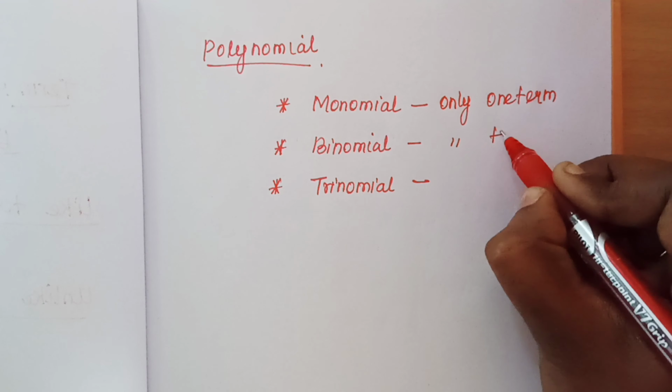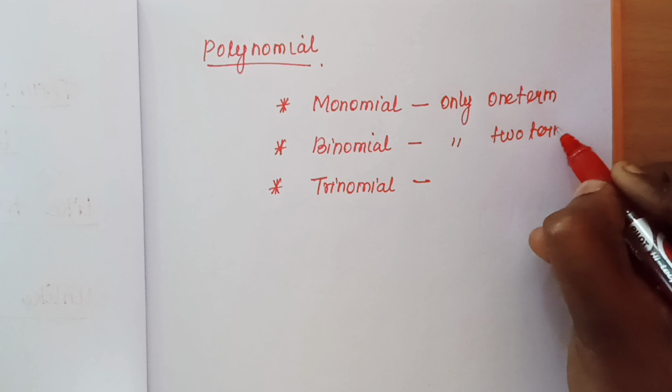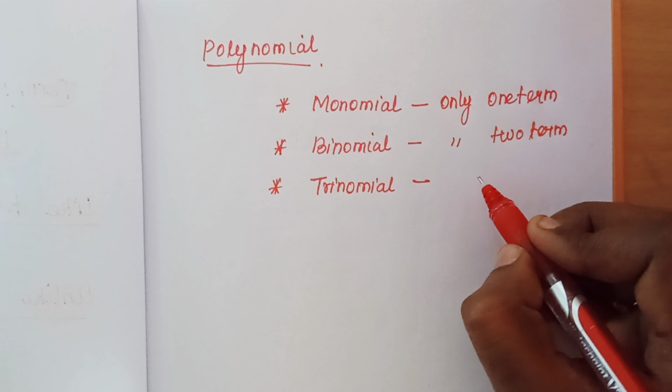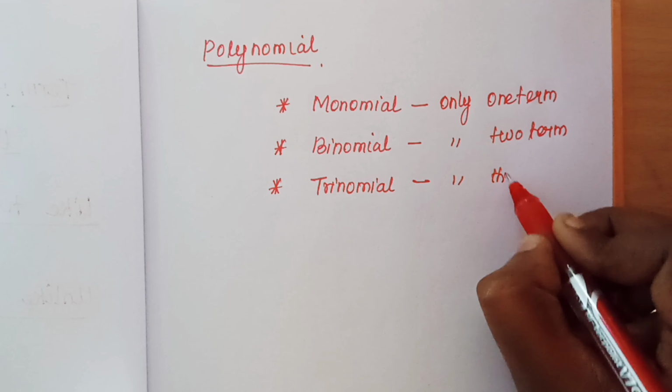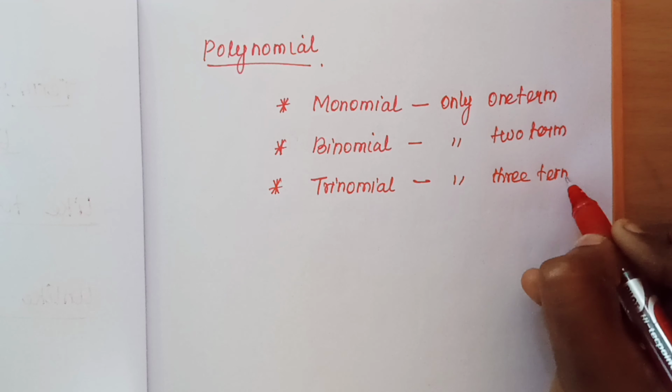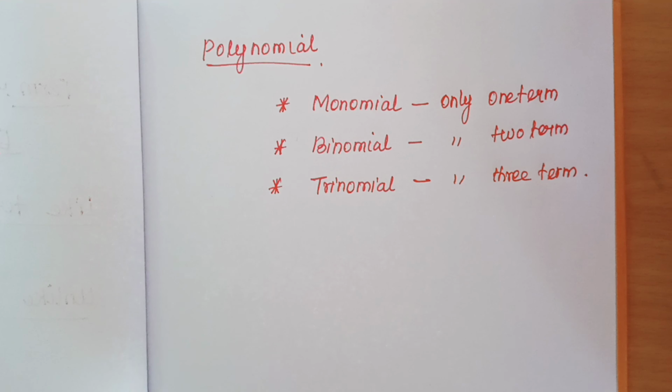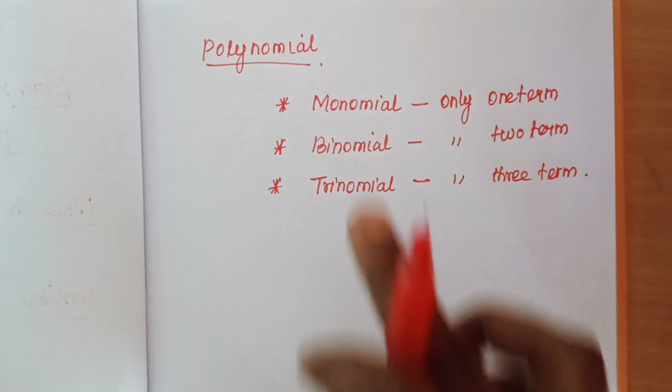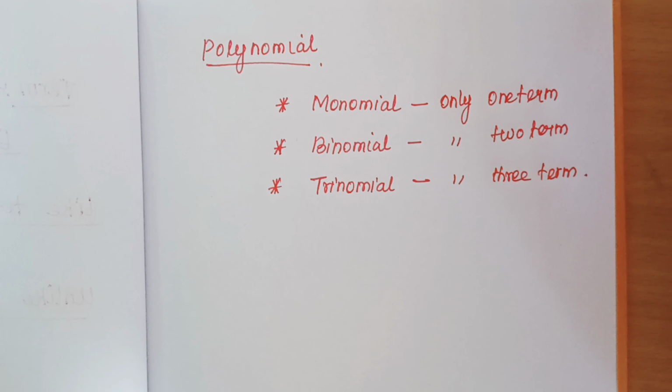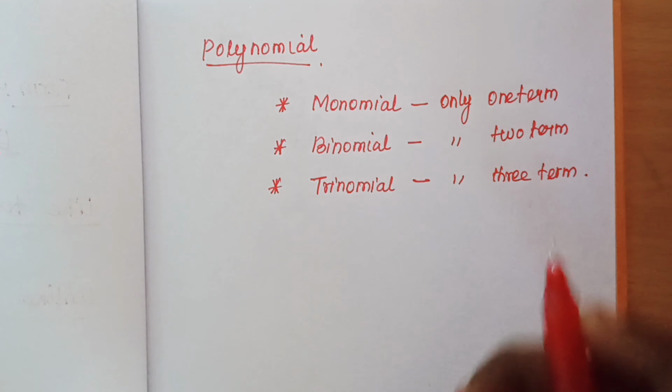Bi means 2, so only 2 terms it will contain. Trinomial means it should contain 3 terms, only 3 terms. So once again: monomial has only one term, binomial has 2 terms, and trinomial has 3 terms.